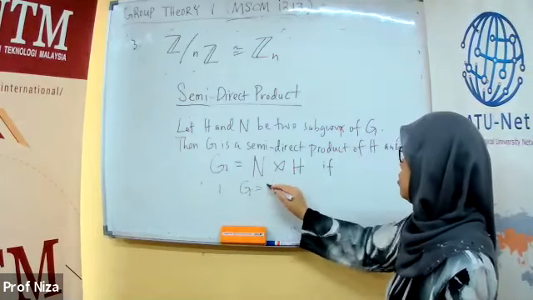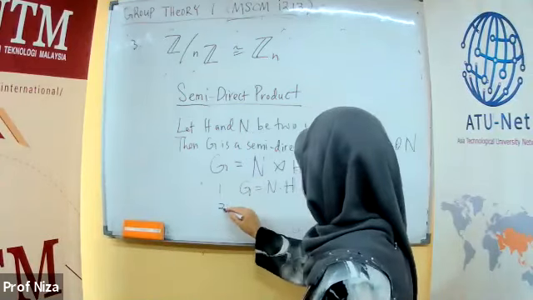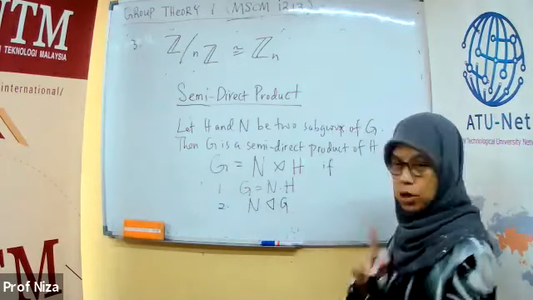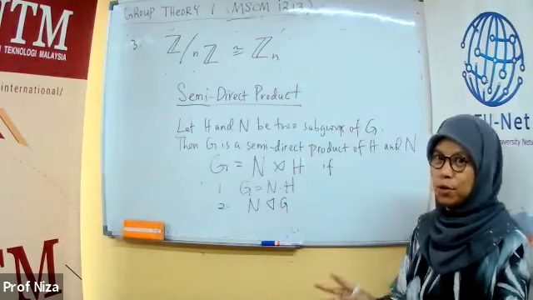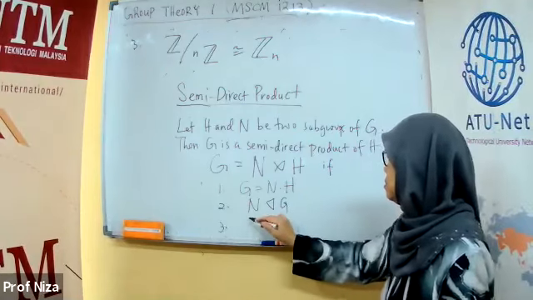G is a product of 2. N is normal in G. Only one is normal. Just now both had to be normal. Only one is normal. The third one is the same.